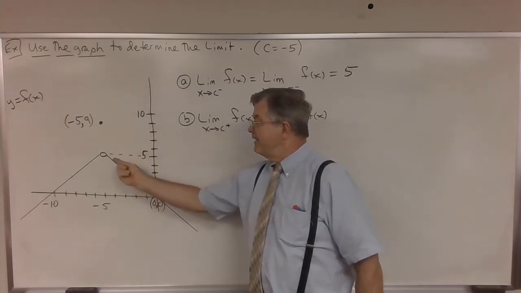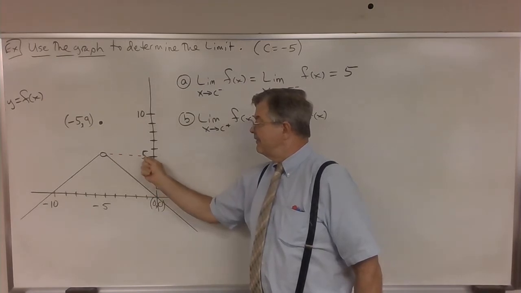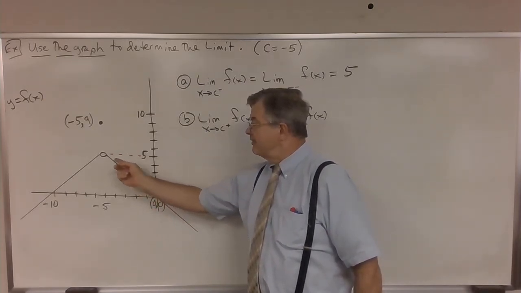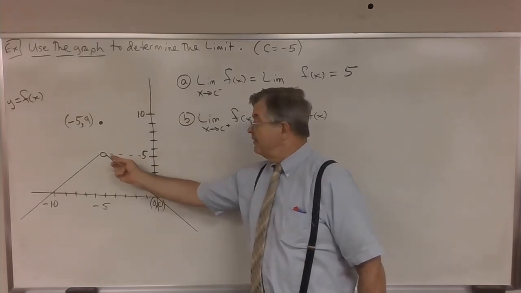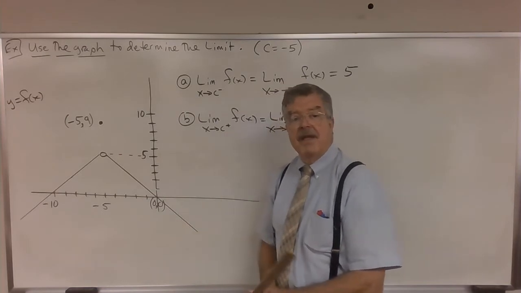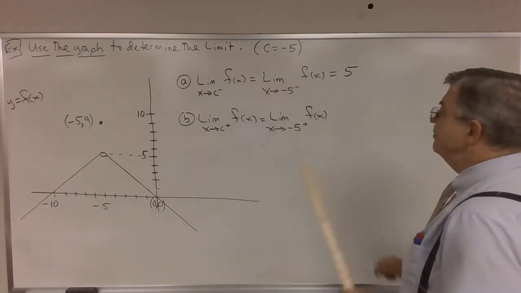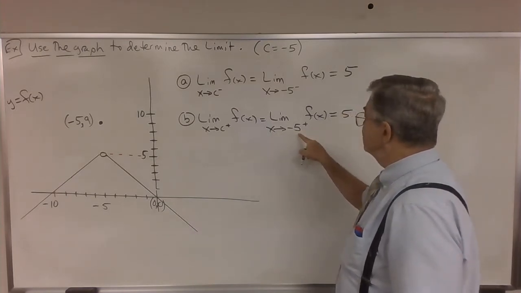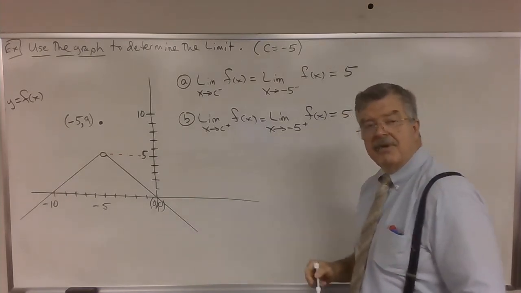Doesn't the y value get closer and closer to 5 as x approaches -5 from this direction also? See, the y value is getting closer and closer to 5. So this is also the limit as x approaches -5 from the right.